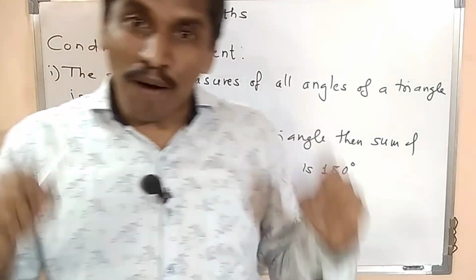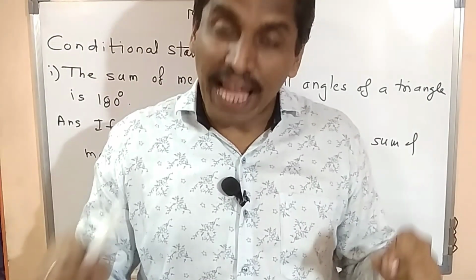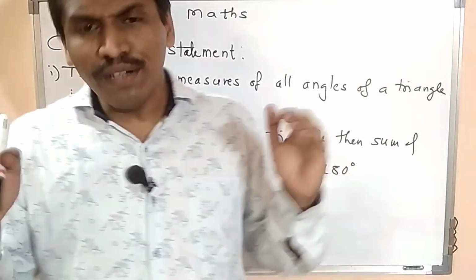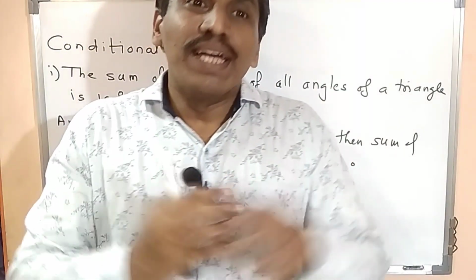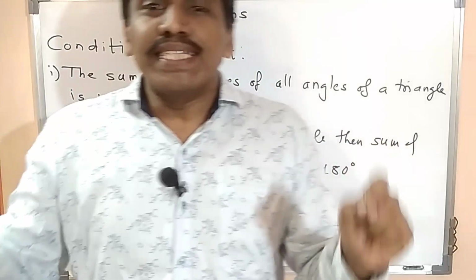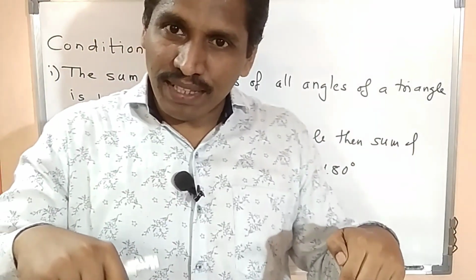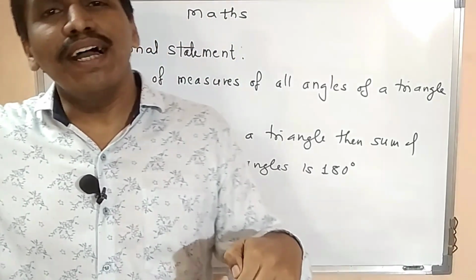Corresponding angles formed by two parallel lines and their transversal are congruent. So here, what is given part? Two parallel lines and transversal are given. If parallel lines are given, then corresponding angles are congruent.